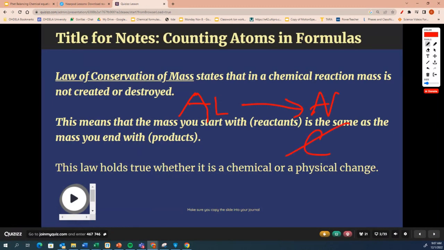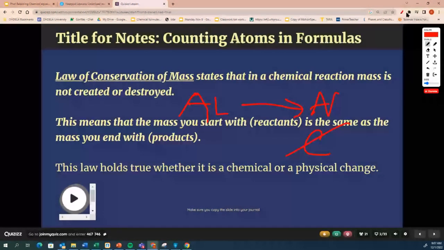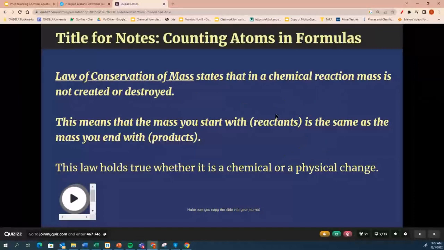You don't go from aluminum to carbon. We're going to be talking about the different kinds of reactions, but you have to remember that the elements look the same. The law holds true for chemical and physical changes.